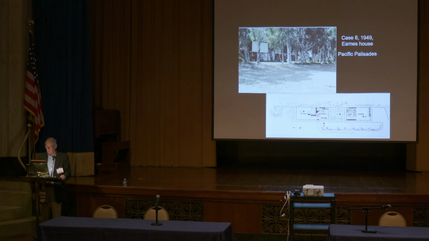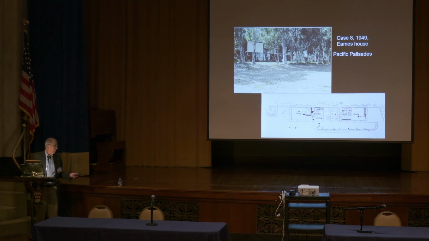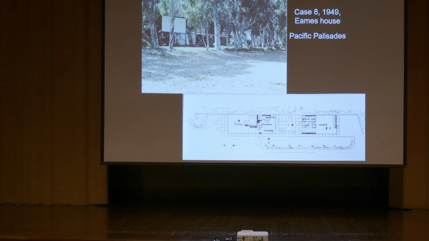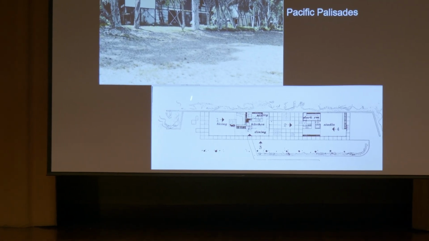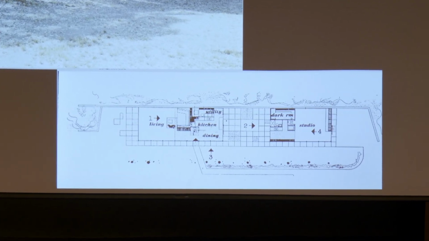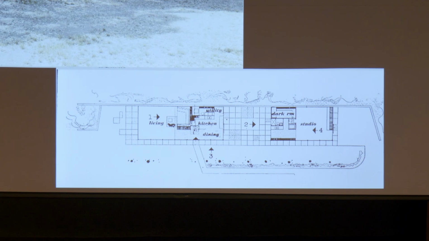Here's the plan of it. At one end you do have the studio, down here at this end. It's sort of open here in the center, though there's an upstairs that goes across. This is the living and dining and so forth. And then there's an upstairs, which you'll see here.